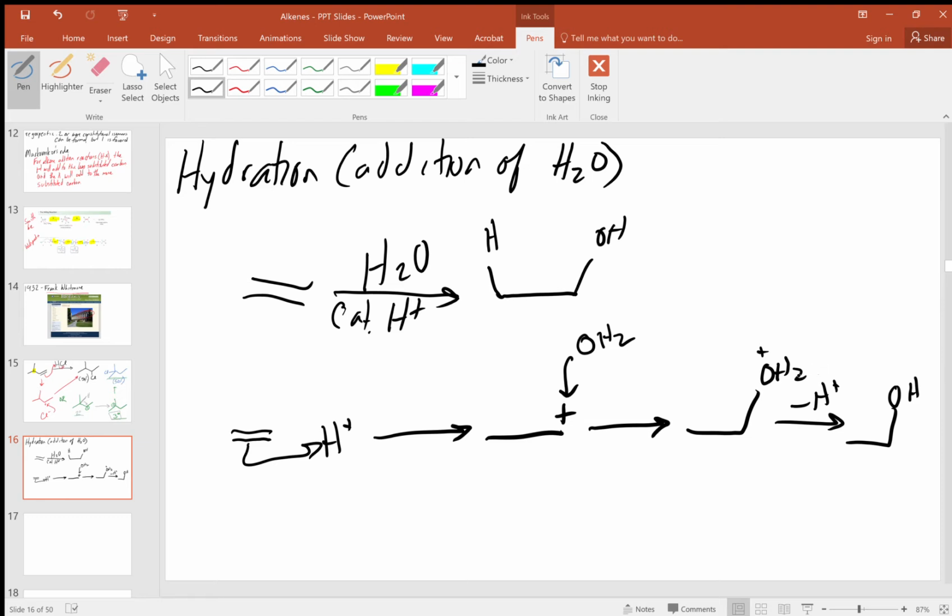Now, what is it that triggers the loss of this proton? Well, it's probably water coming in and acting as a base and removing that hydrogen.